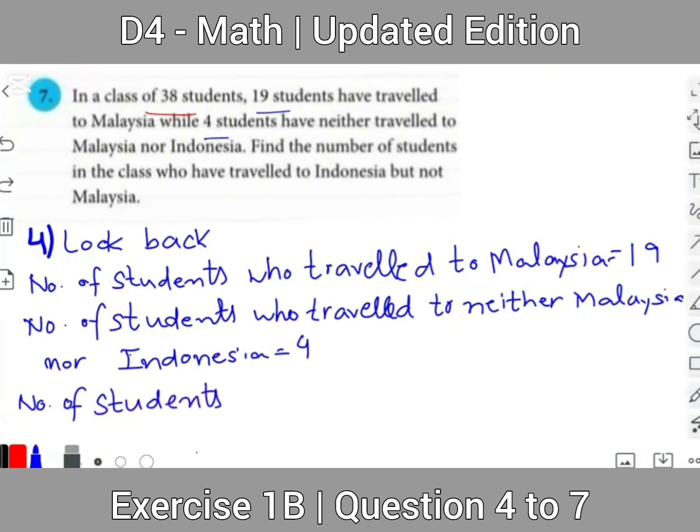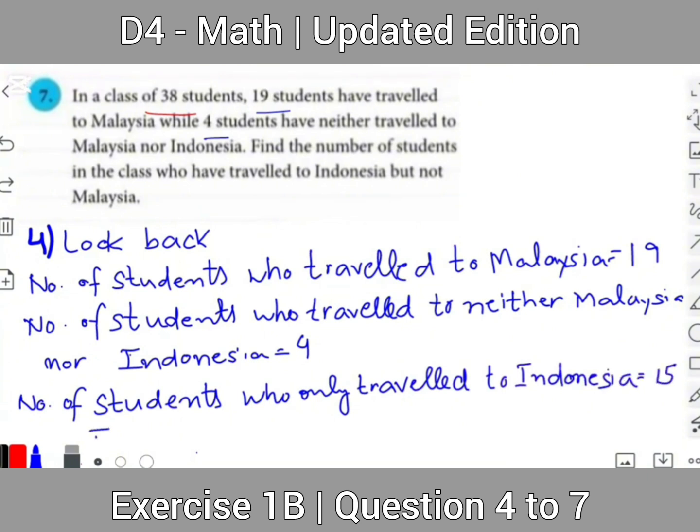And the number of students who only traveled to Indonesia is equal to 15. So the total number of students is equal to 19 plus 4 plus 15, and it will add up to 38.